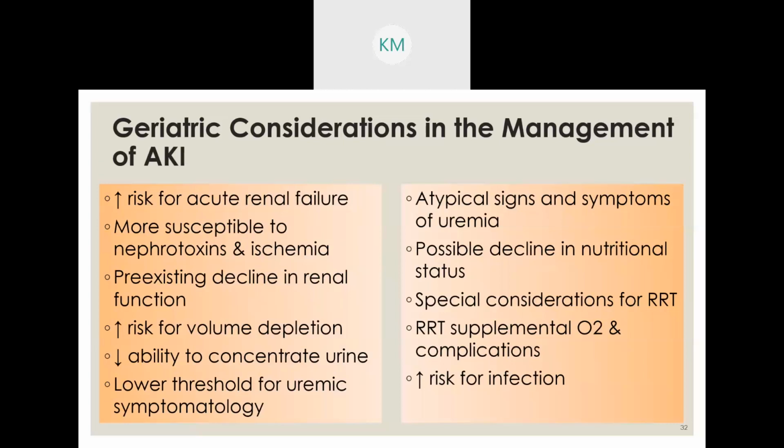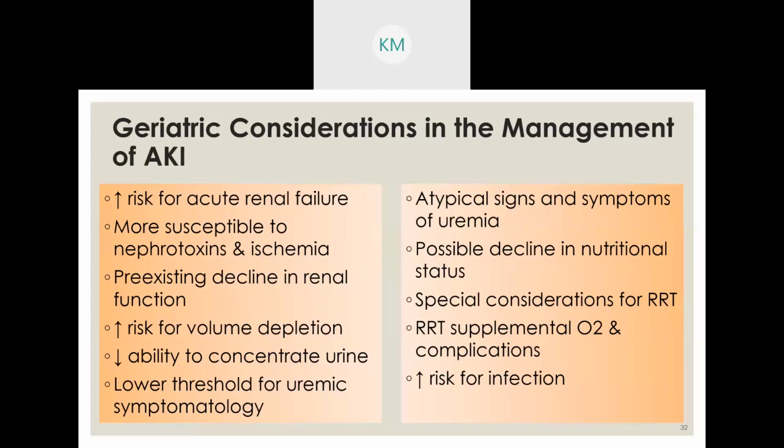Older adults are more prone to develop volume depletion, which is a prerenal condition, because of a decreased ability to concentrate urine and conserve sodium. In line with this, urine studies are of limited value in assessment of older adults because of the impaired ability to concentrate urine.